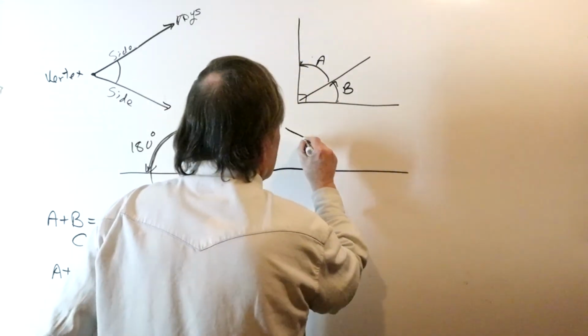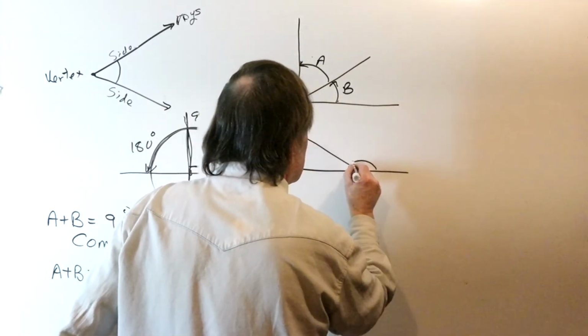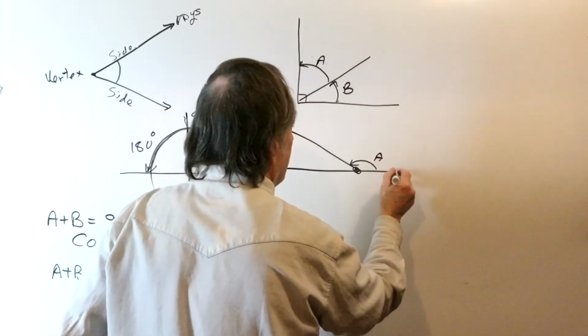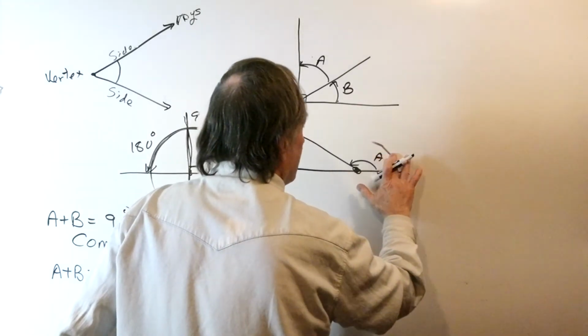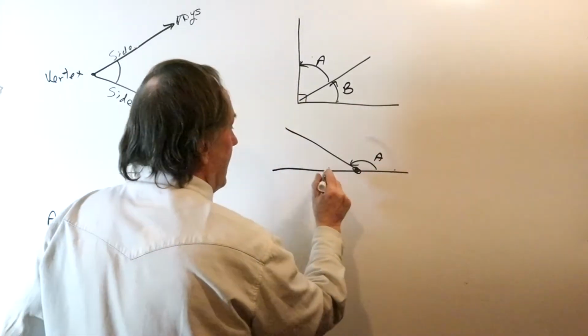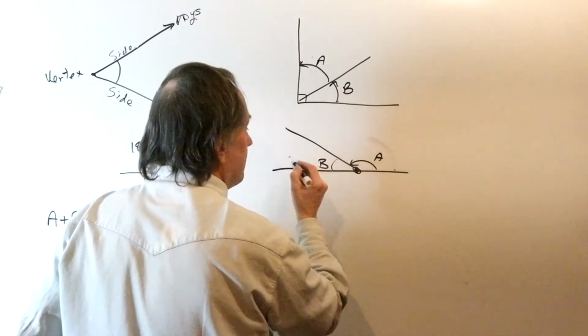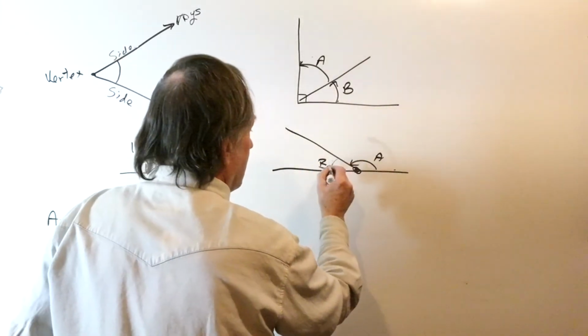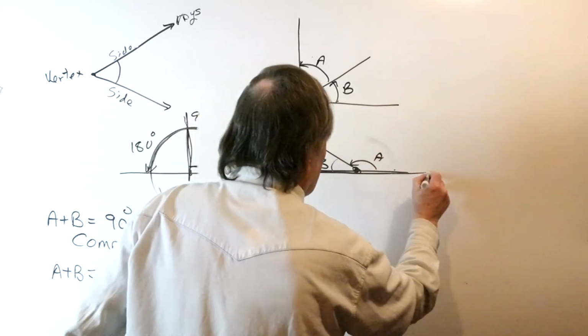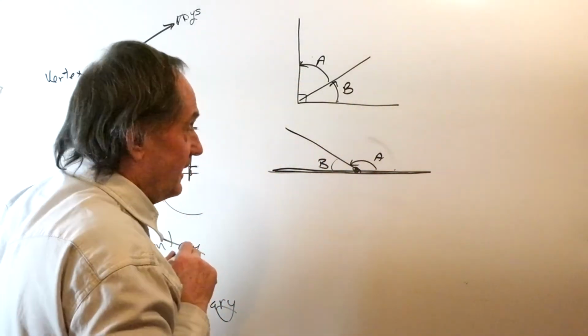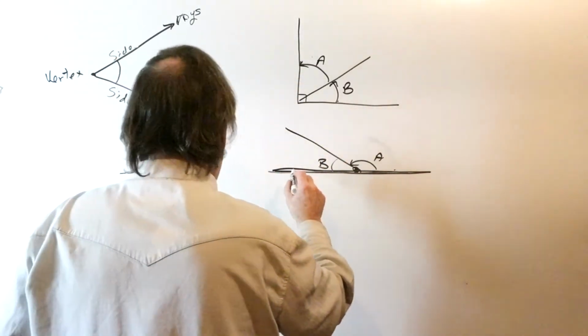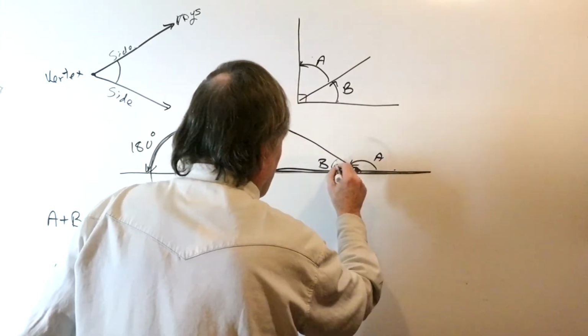And if we have, say, two angles, say this is angle A, and this is angle B, A plus B is a straight angle, or 180 degrees.